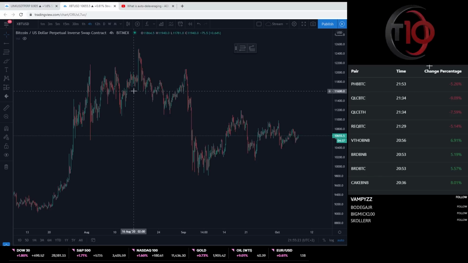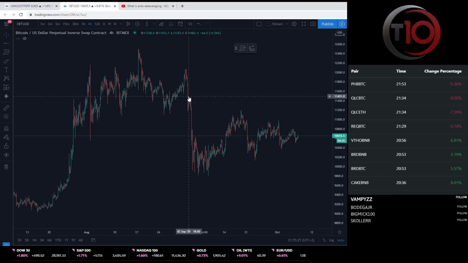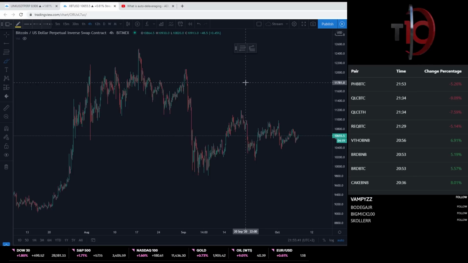And if they gain this zone, I think they want to hold it to the lower part of it. So maybe for a bullish scenario, go up to something like here, 11.8 maybe here.